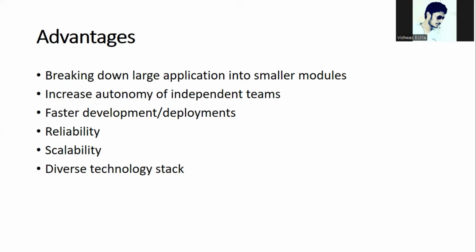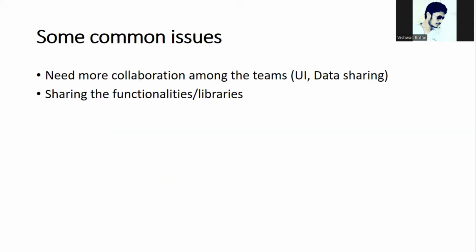So these are some advantages of micro frontend, but there could be some issues, right? We need to consider those issues as well while implementing the micro frontend. The first thing, we need more collaboration among the teams.